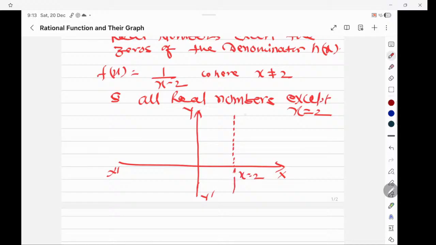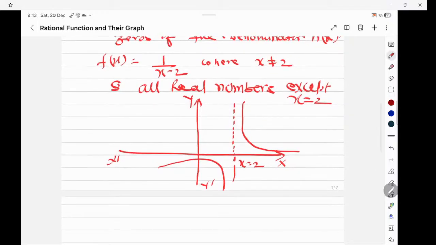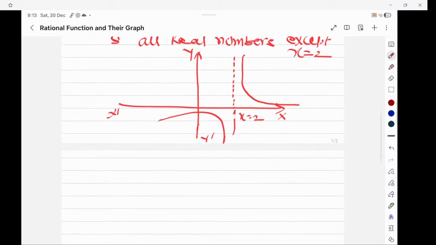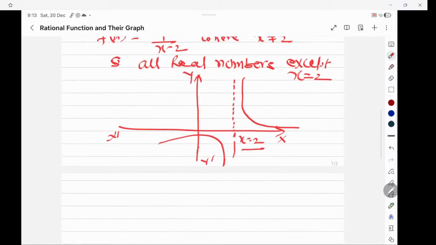Then the graph looks like this, the graph of 1 over x minus 2. This line is the vertical asymptote x equals 2, because x is not equal to 2, the graph does not cross it.